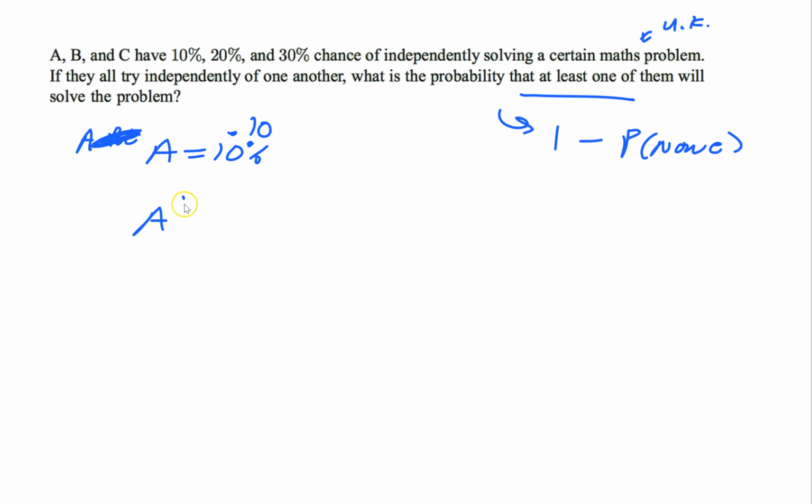So not A would be 0.9, right? 1 minus 10%. Same thing for B. B is 0.2. B prime, right? Opposite of that, 0.8. C is 0.3, C prime 0.7. Right? So this is the chance that none of them are going to solve it. Like A doesn't solve it, B doesn't solve it, C doesn't solve it.